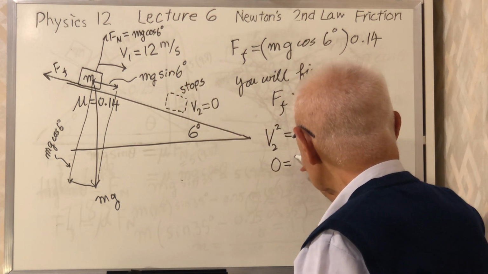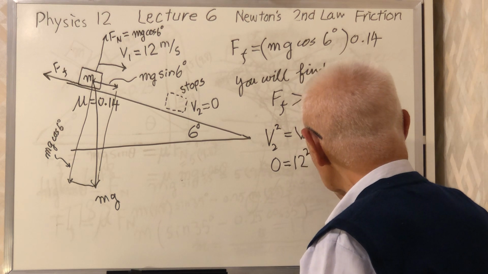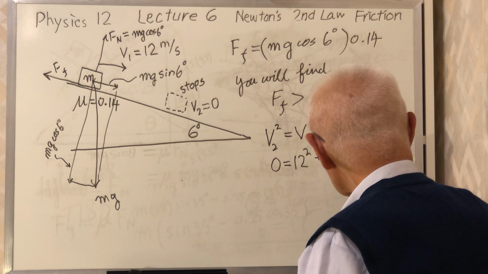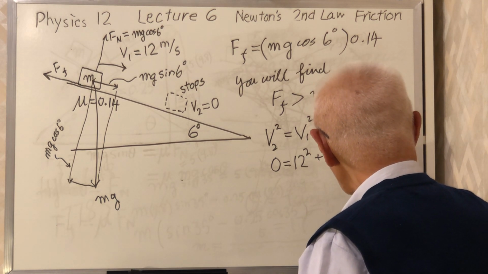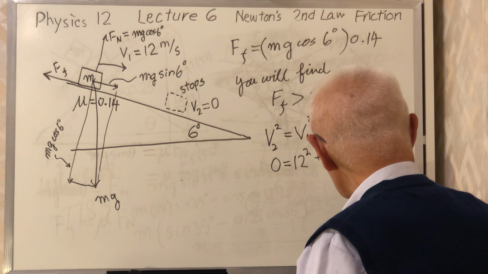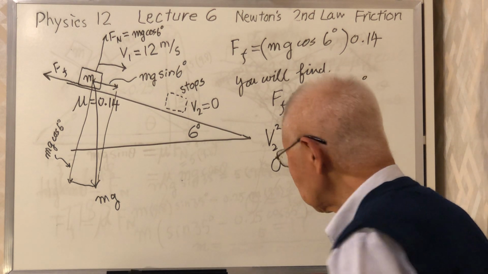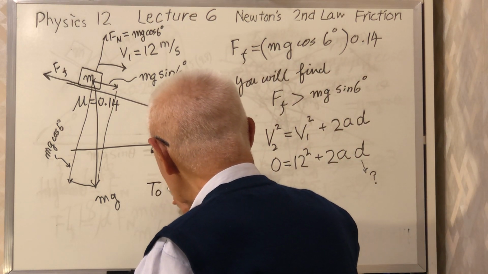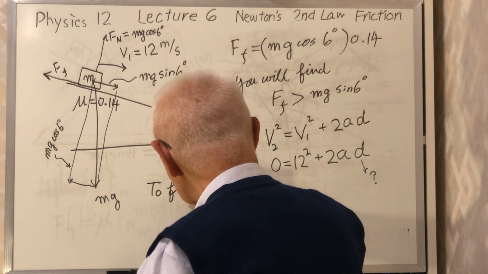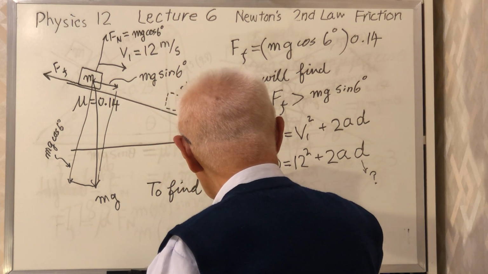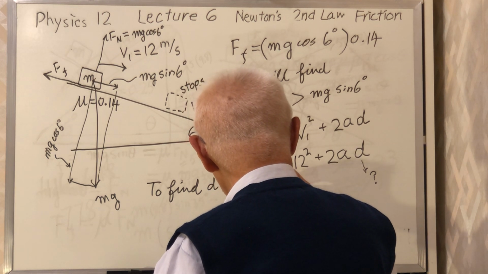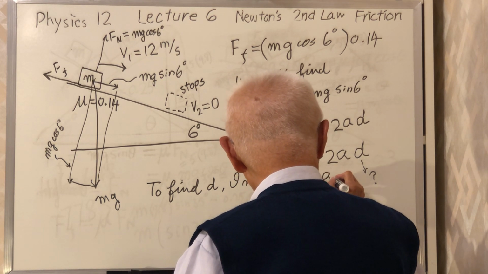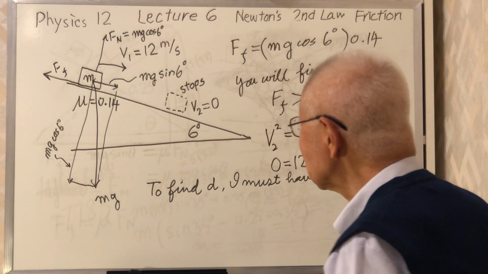V1 is 12, plus 2ad. D, I don't know. D is what I want to find. To find D, I must have a. So what is a?